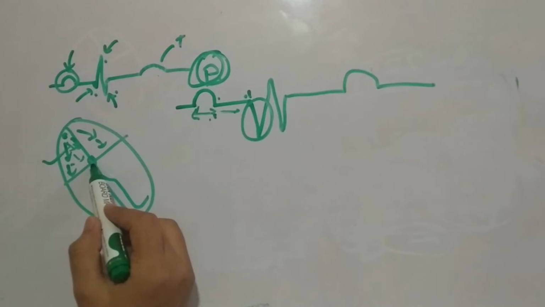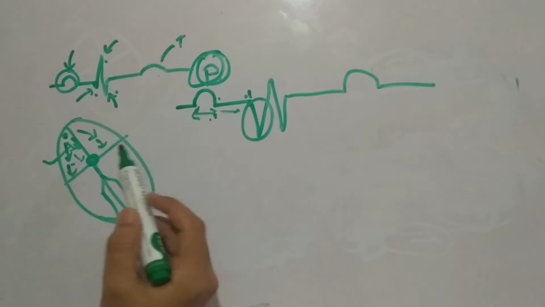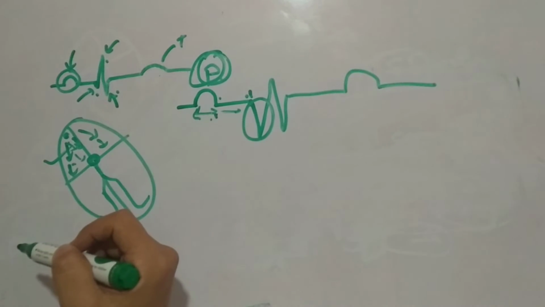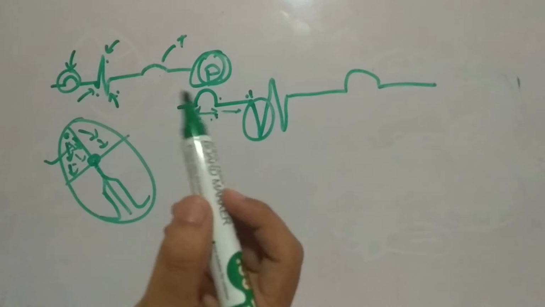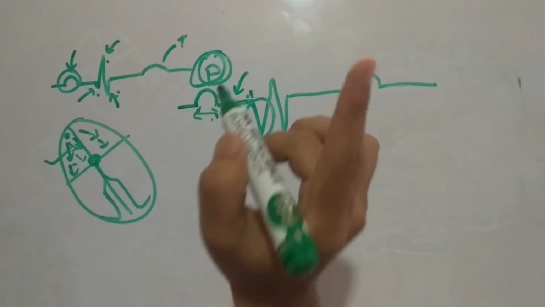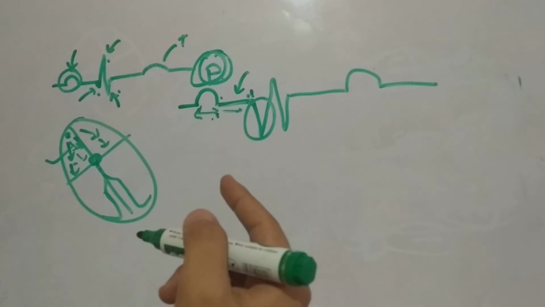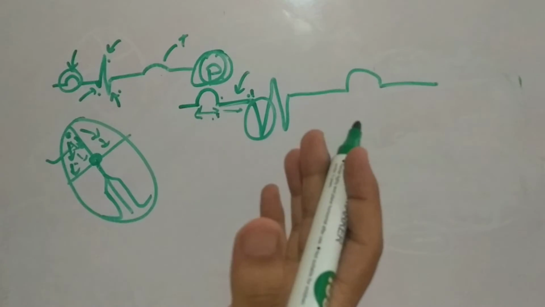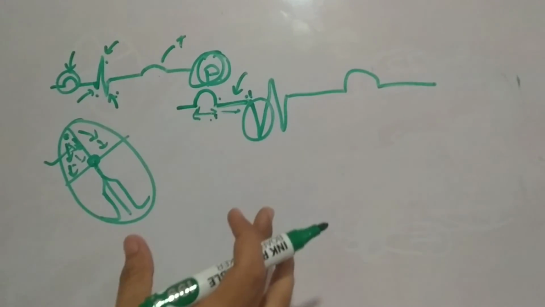So during AV conduction, when the impulse reaches this AV node, the magnitude of electric flow is very small, and that flow of electricity will not be picked up by the ECG. So there will be a flat line, and this flat line is called isoelectric line. So always keep in mind this isoelectric line because it is important especially in finding the MI and J point, where to take the ST, where to take the isoelectric line. So this PR segment is your isoelectric line. So always keep that in mind.